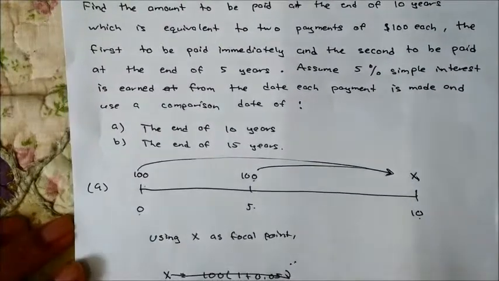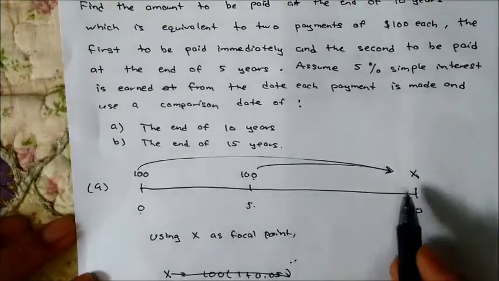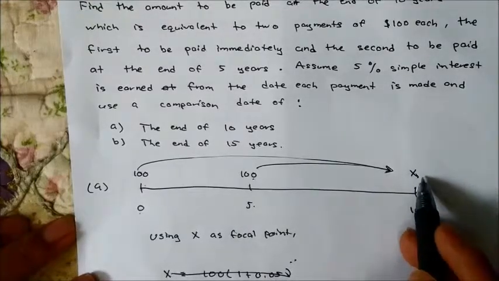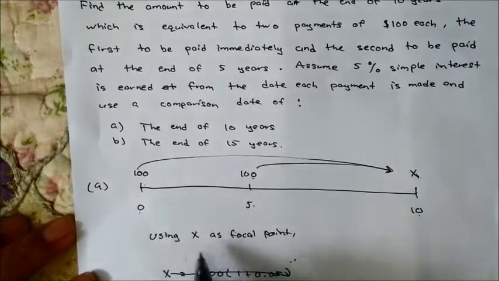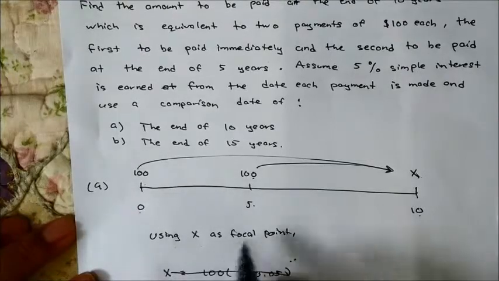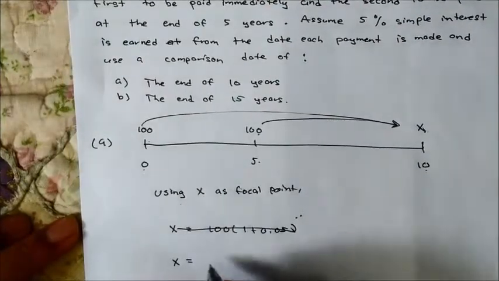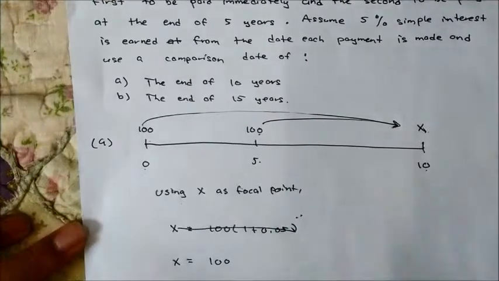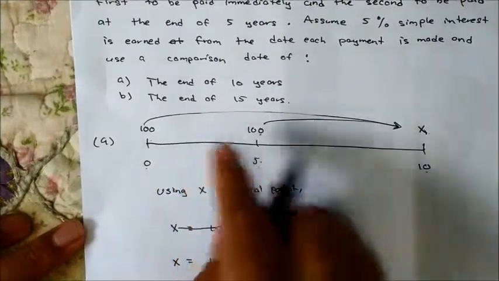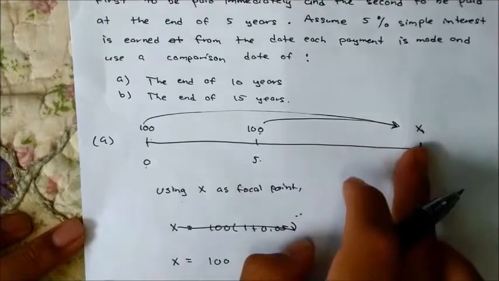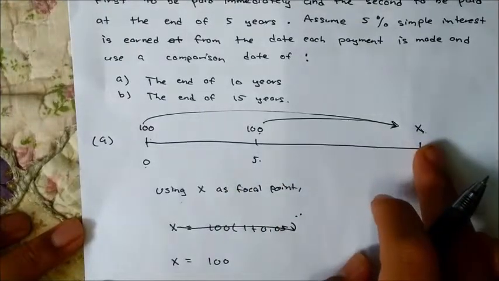Alright. Since we are looking for the solution for x, we are going to use x as the focal point of the equation. Before that, our timeline will be brought forward to x as we use x as the focal point itself.